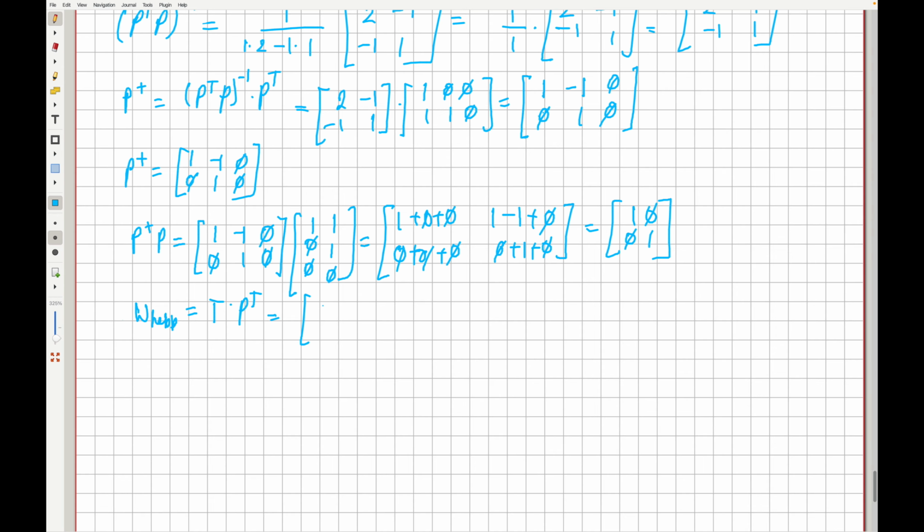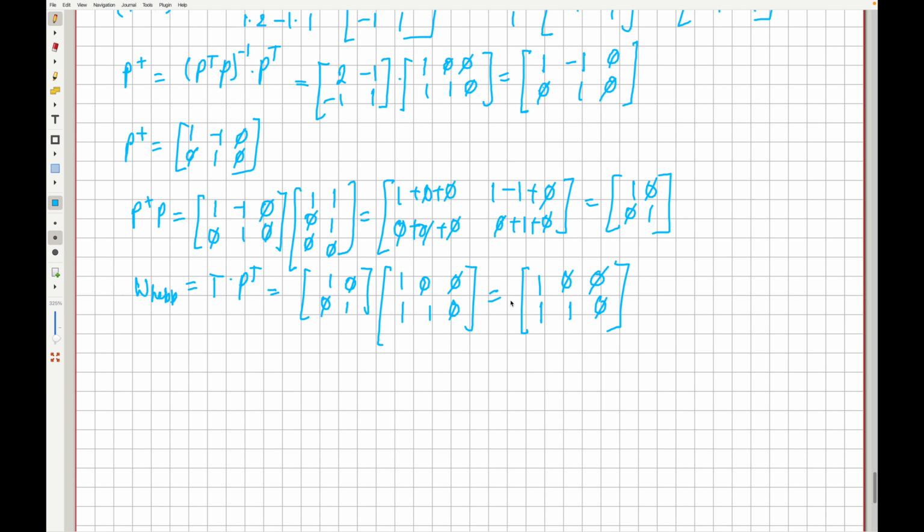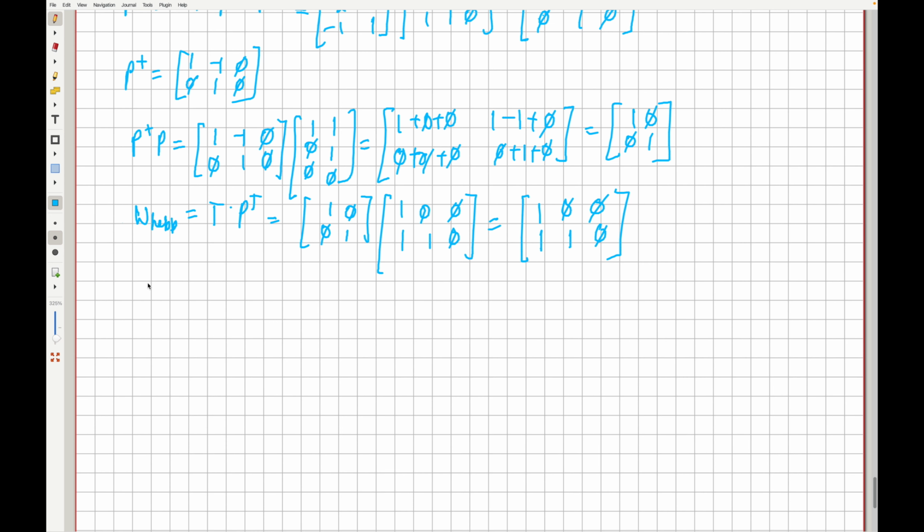So the target is 1 0 0 1, and the P transpose is 1 0 0 1 1 0, and that gets us 1 times 1 is 1, 0 times 1, so this is 1, and then this is 0, this again is 0, and then down here we have 0 plus 1, so this is 1, again 0 plus 1, this is 1, and then the next one is just 0. And see, we now have calculated the weight matrix for the Hebbian using the target and input.